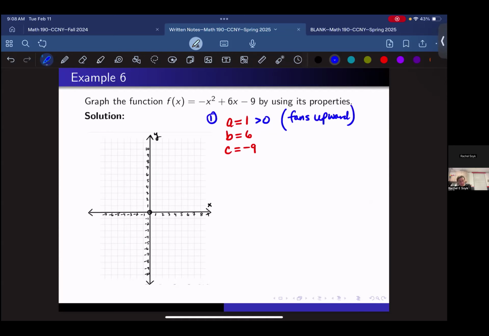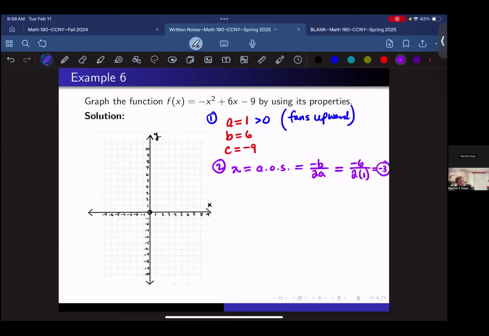That's our first step. Second step, identify our axis of symmetry. Our axis of symmetry is when we're looking at -b over 2a. Our b value here is 6. -6 divided by 2 times 1 is just -3.